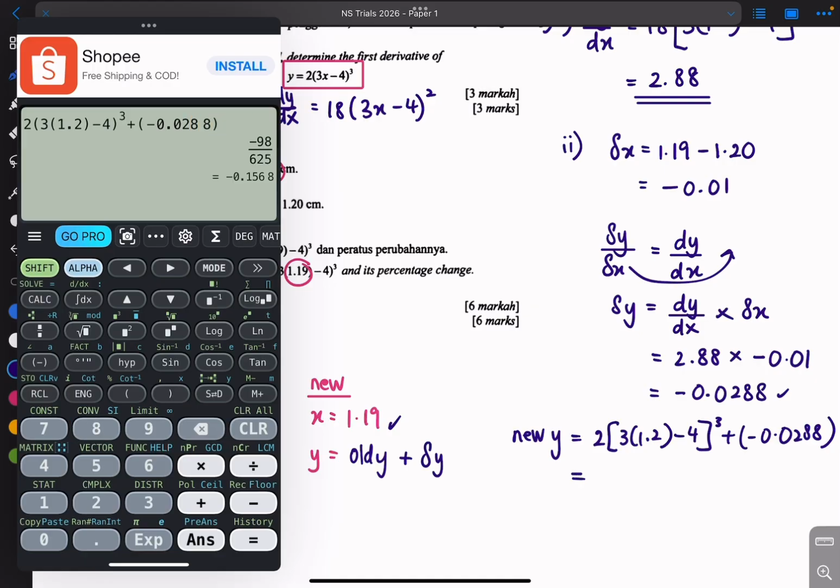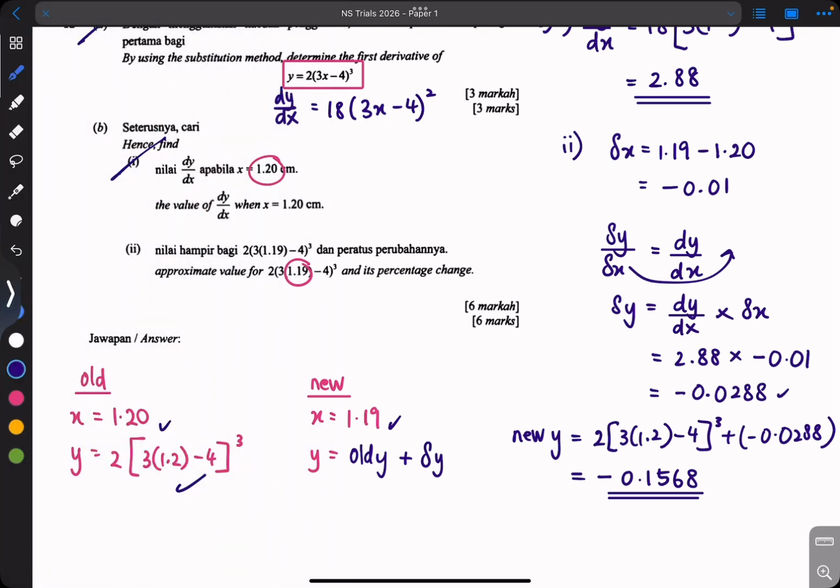We get negative 0.1568. This is our new value of y. So using our approximation, we can find the new value of y, basically the old y plus the change in y, you will get new y.